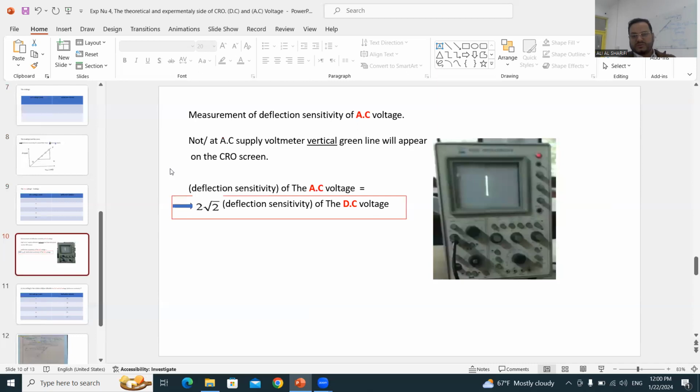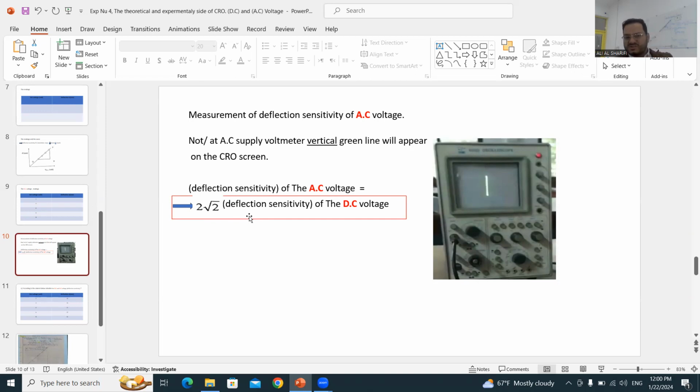Here, it's an important note: in my opinion, it's not necessary to repeat all of these steps. You can measure the sensitivity of the CRO at AC. I will use this law, this function, to determine the deflection sensitivity of AC voltage by saying 2 root 2 multiplied by the deflection sensitivity of DC voltage, which we will calculate now.